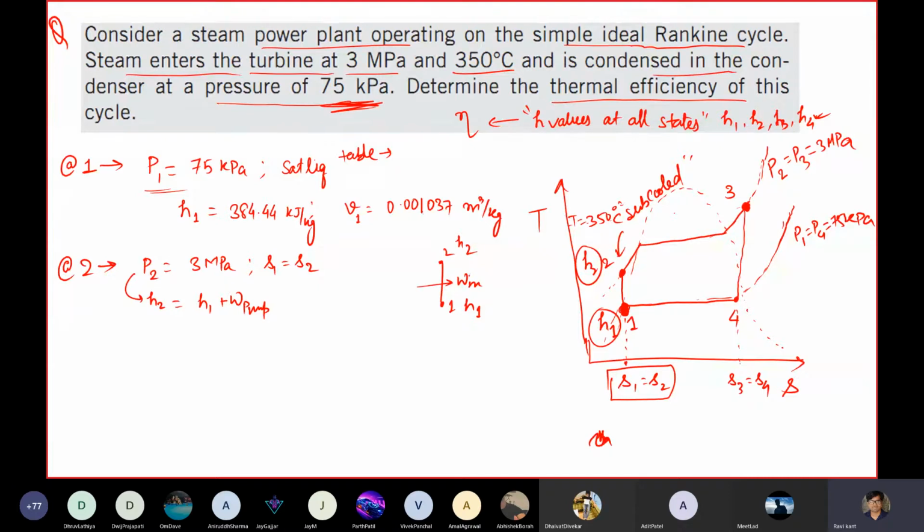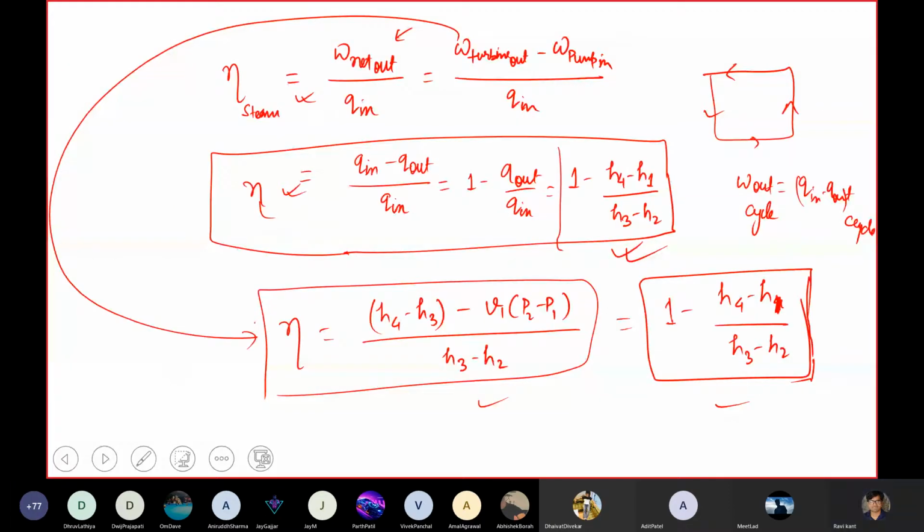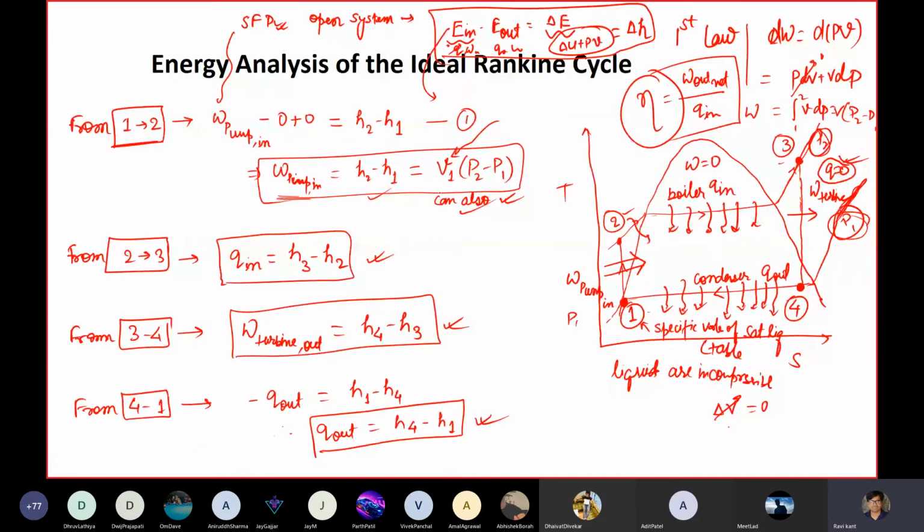Okay, so H1 is known. What is my pump work? From our previous understanding, pump work should be specific volume times the pressure jump it causes.